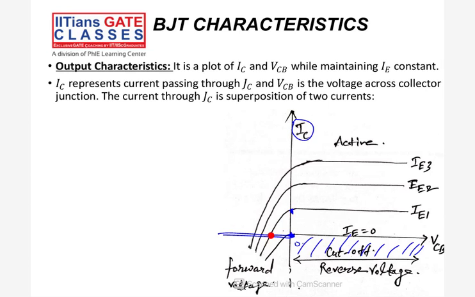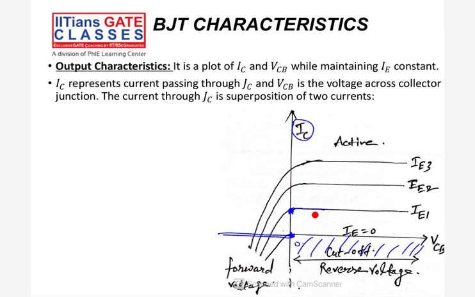First it will increase slowly, and then it gets saturated at some value, because the maximum number of charge carriers are reaching the collector and we don't have more. So I will have this constant current IE1. Suppose I increase IE some more. Whenever I increase IE, IC increases, because IC is directly proportional to IE.